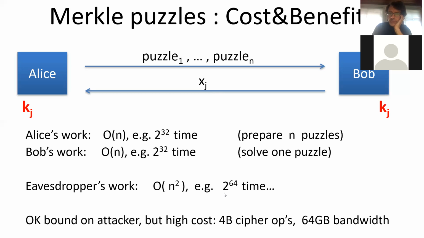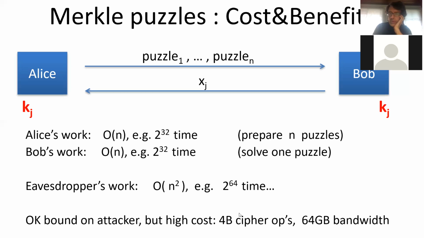Still, the problem with the system is that it has a very high cost, right? So especially bandwidth is costly. Whereas 2 to the 32 local operations, perhaps it's okay, it's not blazing fast, but it's feasible.